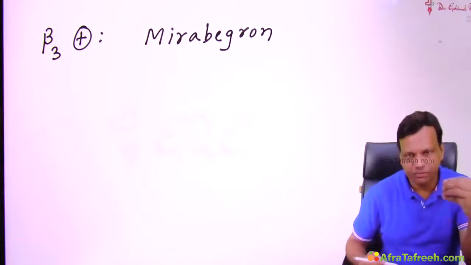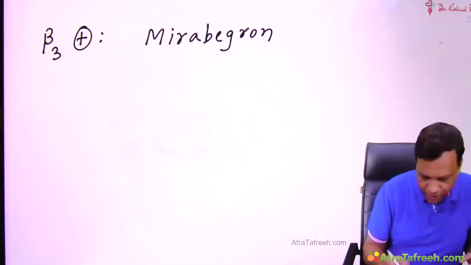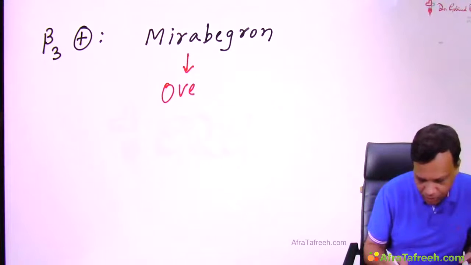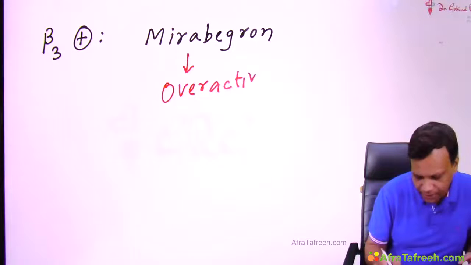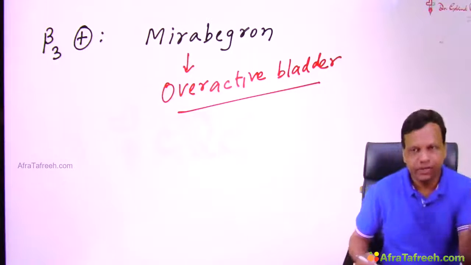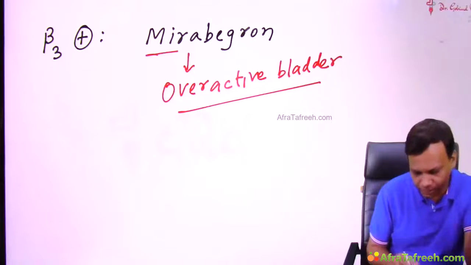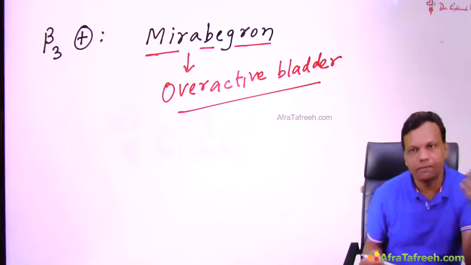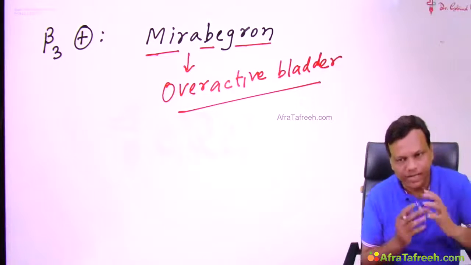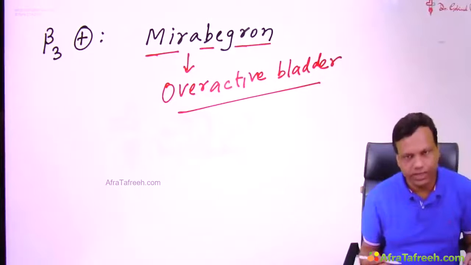So the drug which stimulates beta-3 will relax the bladder, so it can be used in overactive bladder. So mirabegron is used for overactive bladder. And from the name you can remember, in Hindi if you study, the name looks like Mera bladder gone, Mera bladder gone. So bladder has relaxed. So that is beta-3 agonist. Clear?